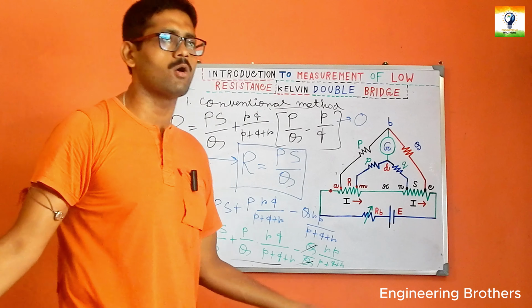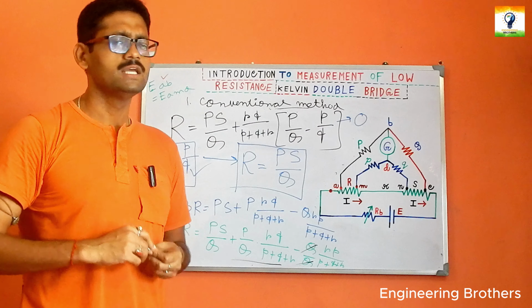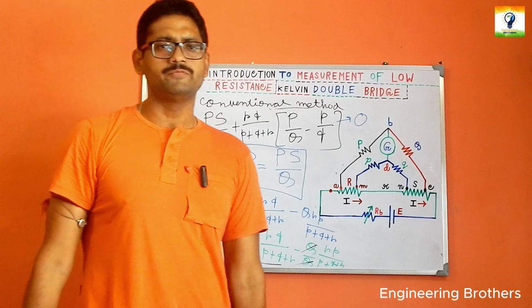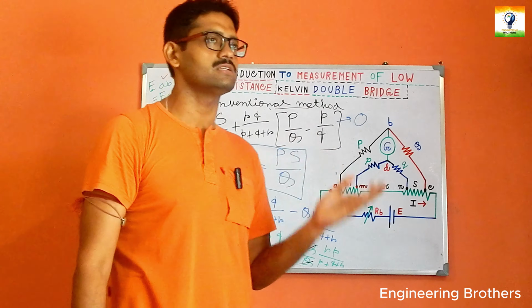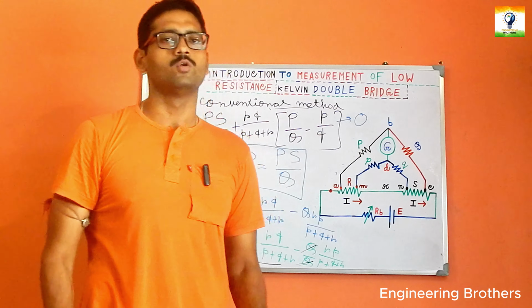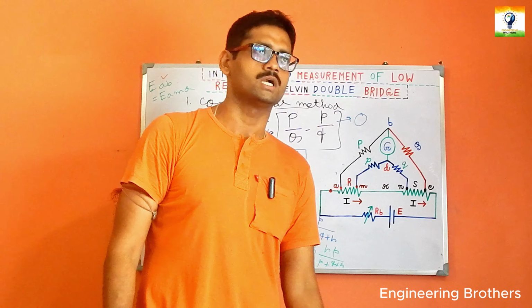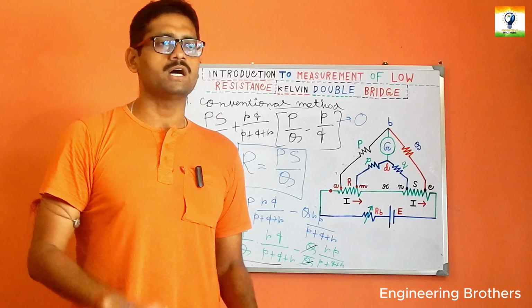So this is the complete picture of our Kelvin double bridge, and I have shown you all the parts in a much more sequential way. I want to repeat once again. At the start we began with the introduction of low resistor measurement. Next, we considered the introduction of the Kelvin bridge, and then how to balance the Kelvin bridge.